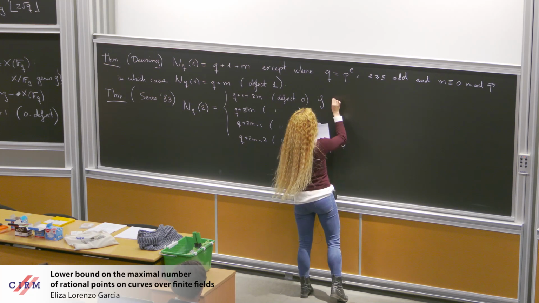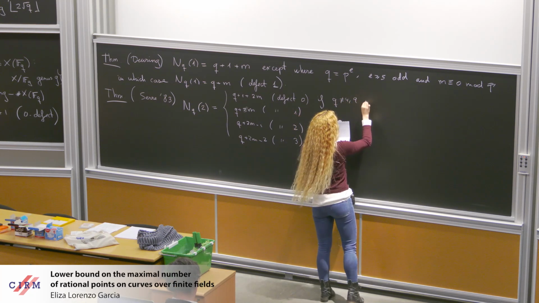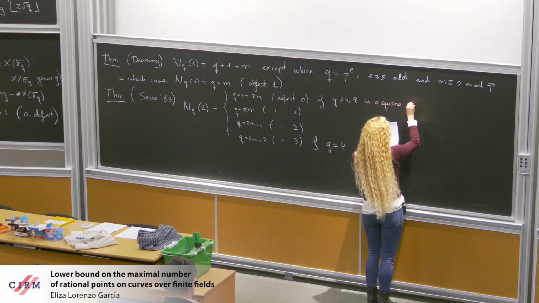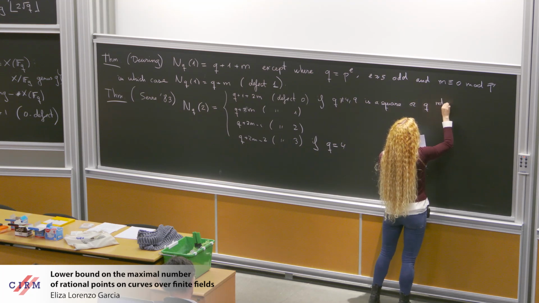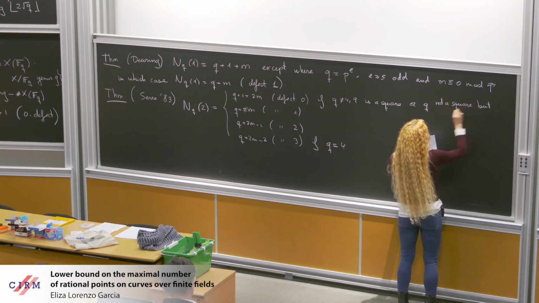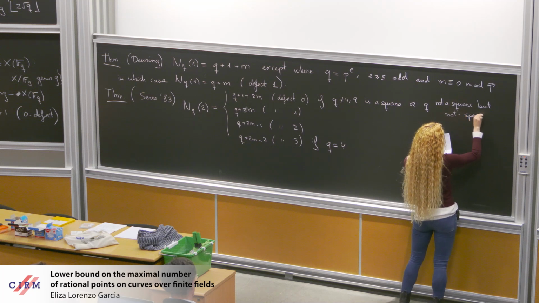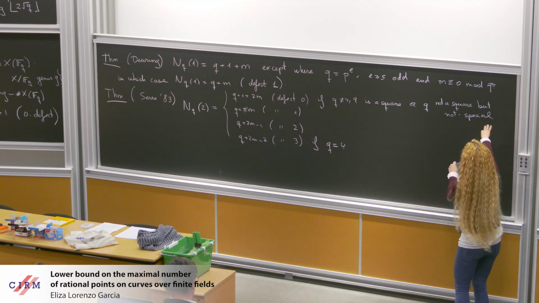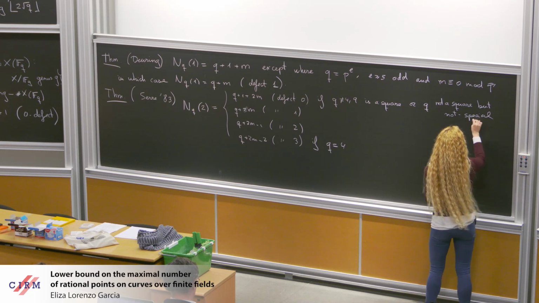This happens if q is different from 4 and 9 and is a square, or q is not a square but not what is called special. I'm not going to use the characterization of special, but just for completeness, I'll give the meaning.